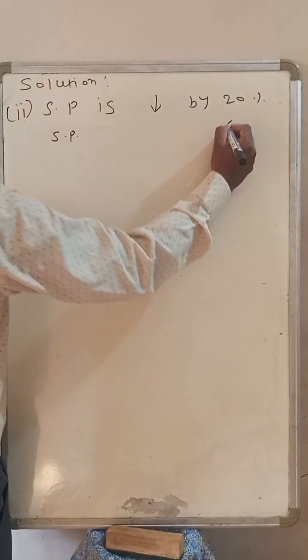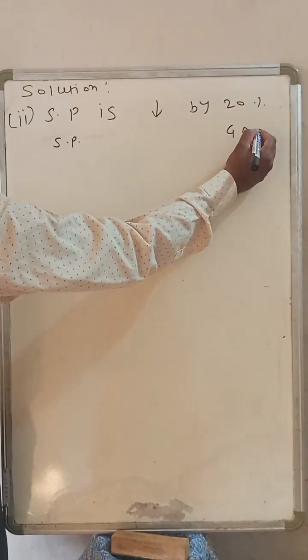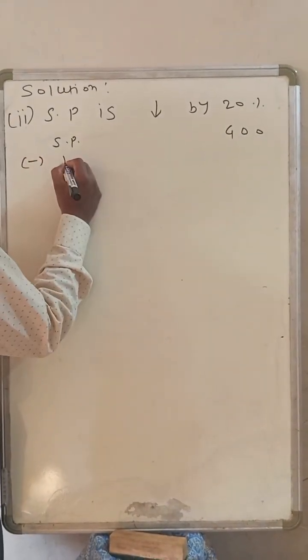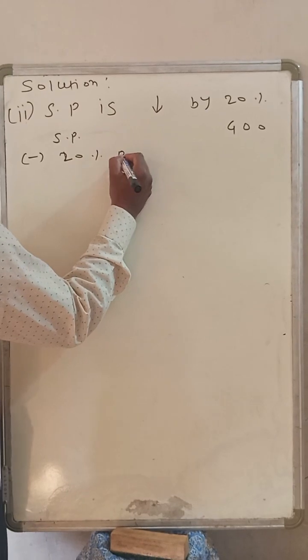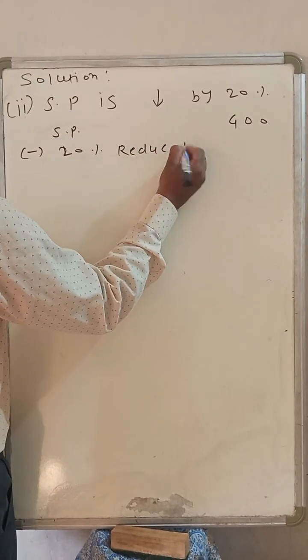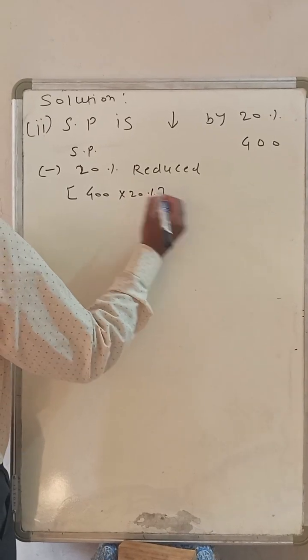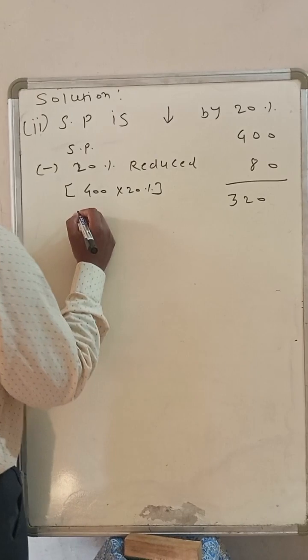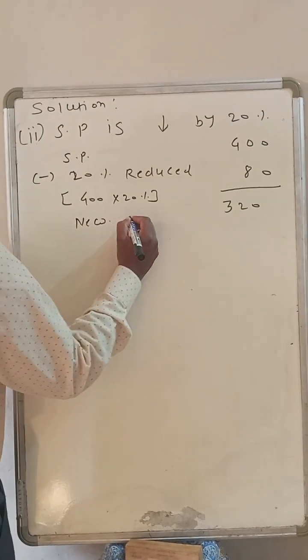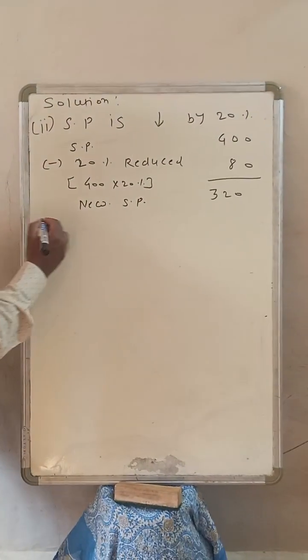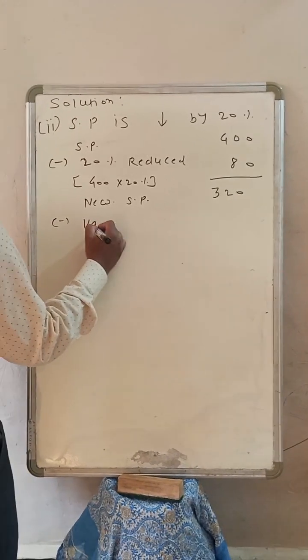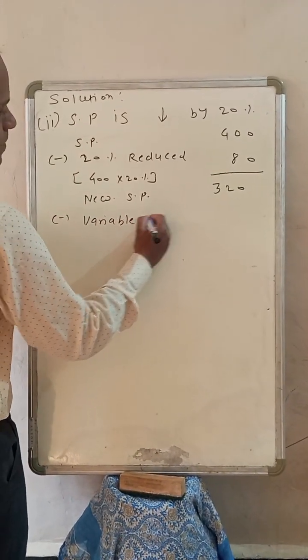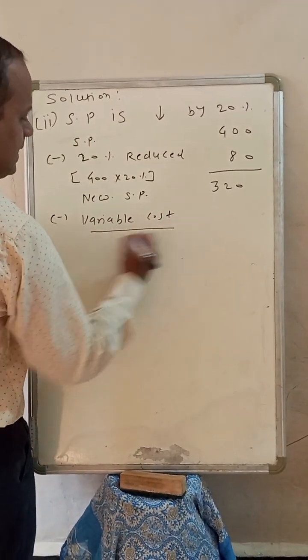Condition number 2. Selling price is decreased by 20%. Initially selling price was rupees 400, less 20% reduce or decrease. 400 into 20%, that is rupees 80. So 320. This is your new or revised selling price. From this we will reduce variable cost. Again it's very easy.